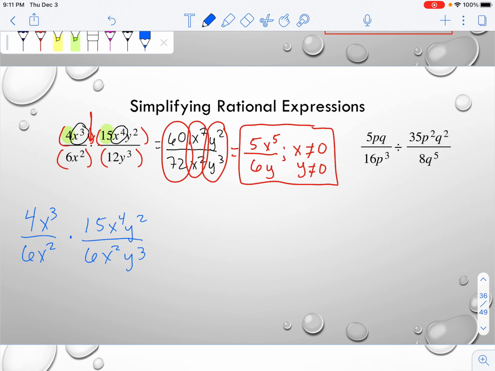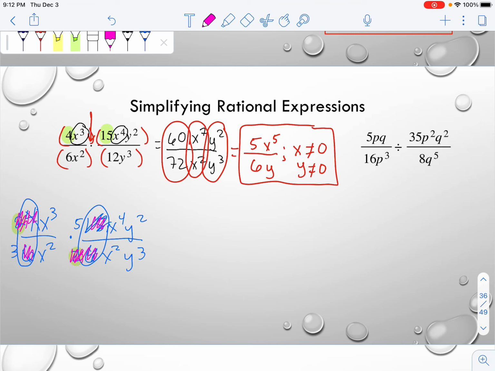They like to say, well, 4/6 reduces to 2/3. 15/6 also has a 3 in it, so that'd be 5 over 2. So that's gone. And then this 2 would cancel with that 2. So that's gone. All right, so I'm going to cross out everything that I no longer have.